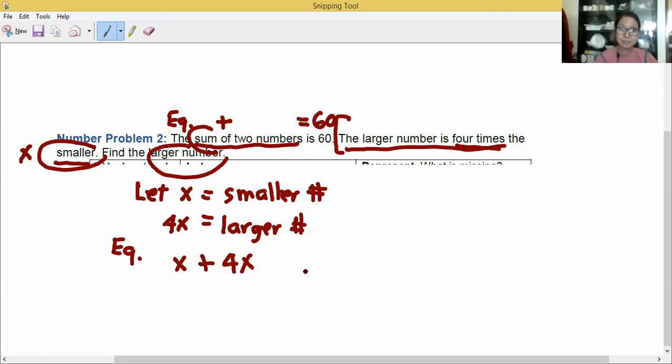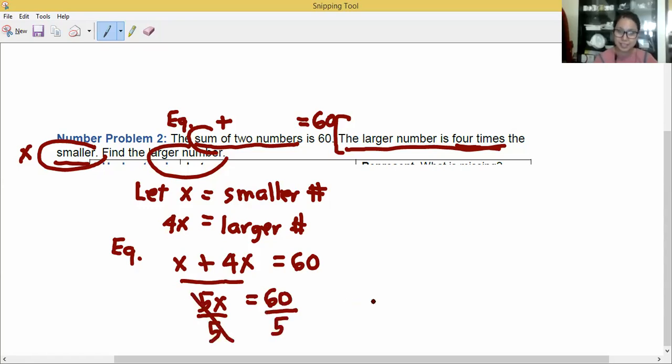We will add them, and the answer is 60. Let's solve. X plus 4x equals 5x equals 60. You divide both by 5. So the answer is 12.